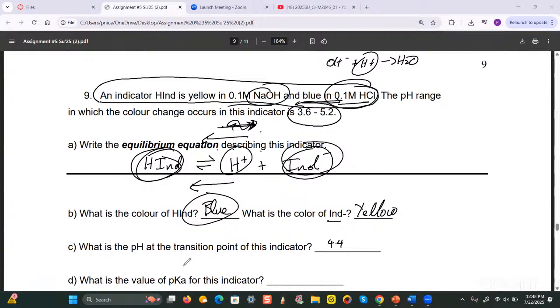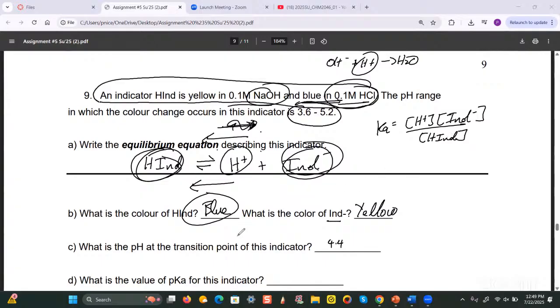Now the next question is, what is the value of pKa for this indicator? What is Ka? Concentration of H plus times concentration of IND minus divided by concentration of HIND.